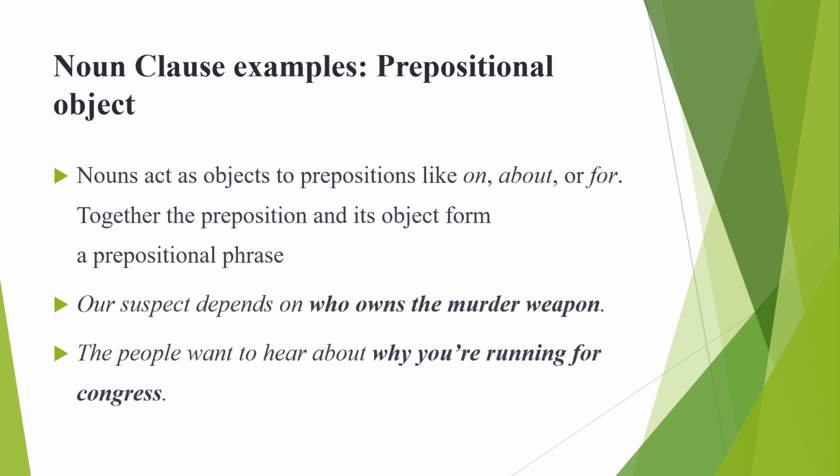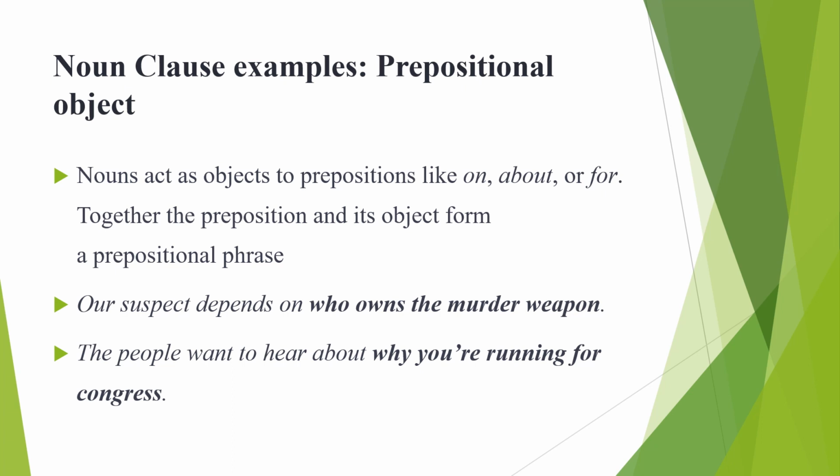Noun clause example behaving as a prepositional object. Nouns act as objects to prepositions like on, about, or for. Together the preposition and its object form a prepositional phrase. So we can see, our suspect depends on who owns the murder weapon.